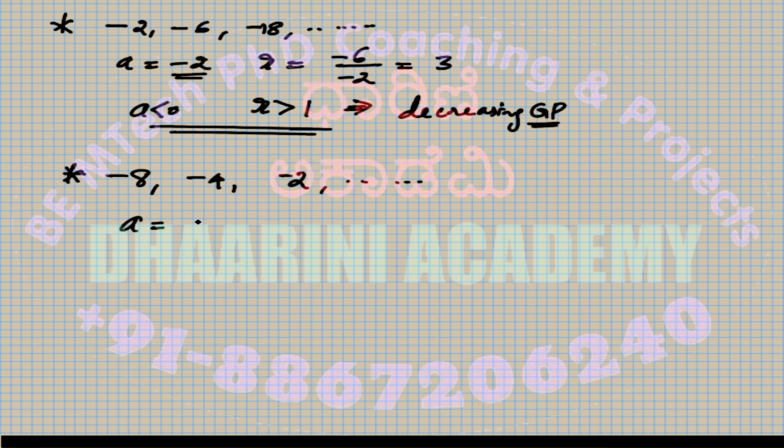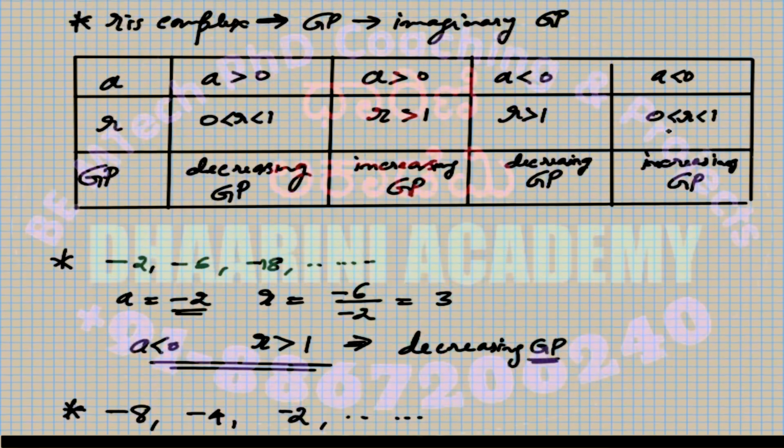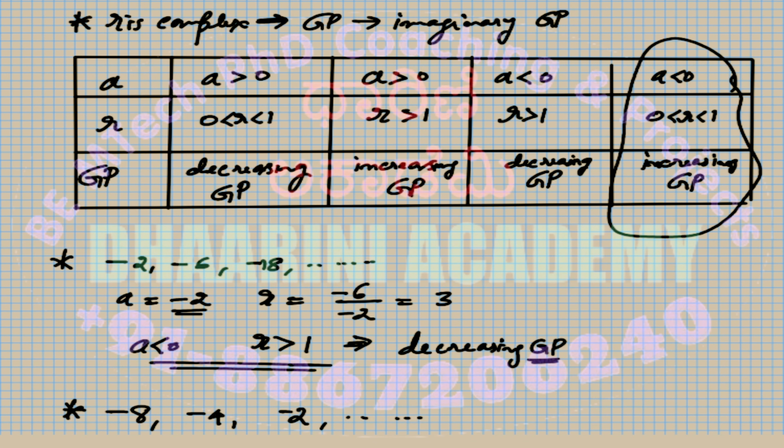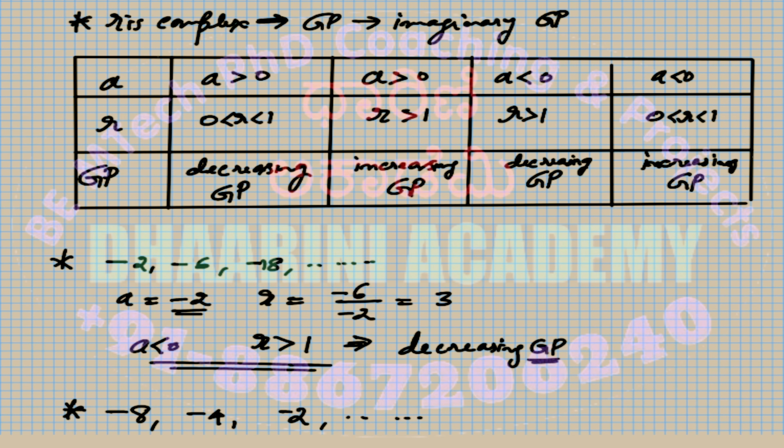So I can note that the A value is -8 and the R value is the second term -4 by -8, that is equal to +1/2. So A is less than 0 and the R value in this case is between 0 and 1. So A less than 0, R between 0 and 1 is this case. So this is said to be an increasing GP.